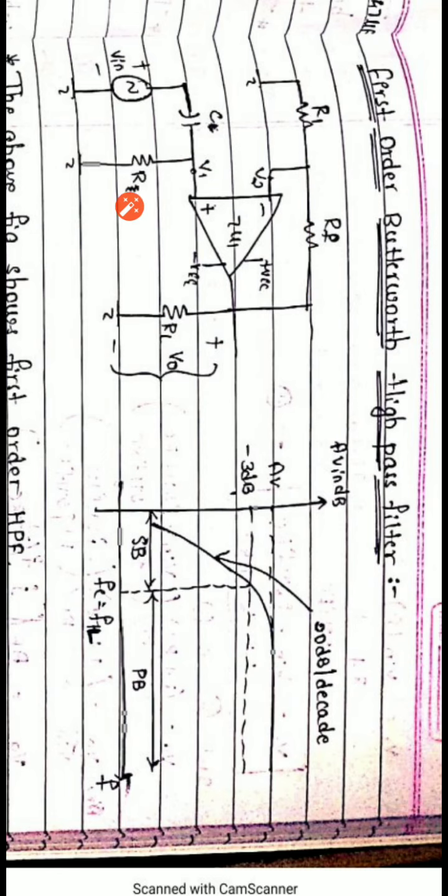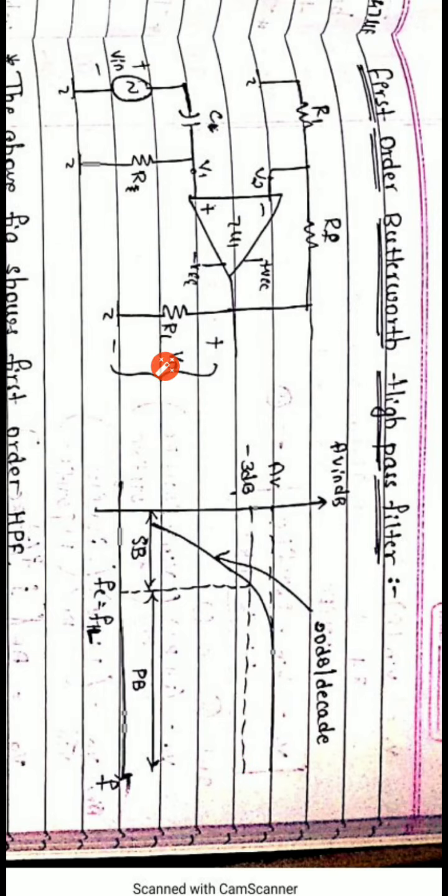Due to one RC network, the rate at which the gain of the configuration increases is 20 dB per decade. This is the rate at which the voltage gain rises, and once it reaches the lower cutoff frequency, a constant voltage gain is available at the output of the op-amp.